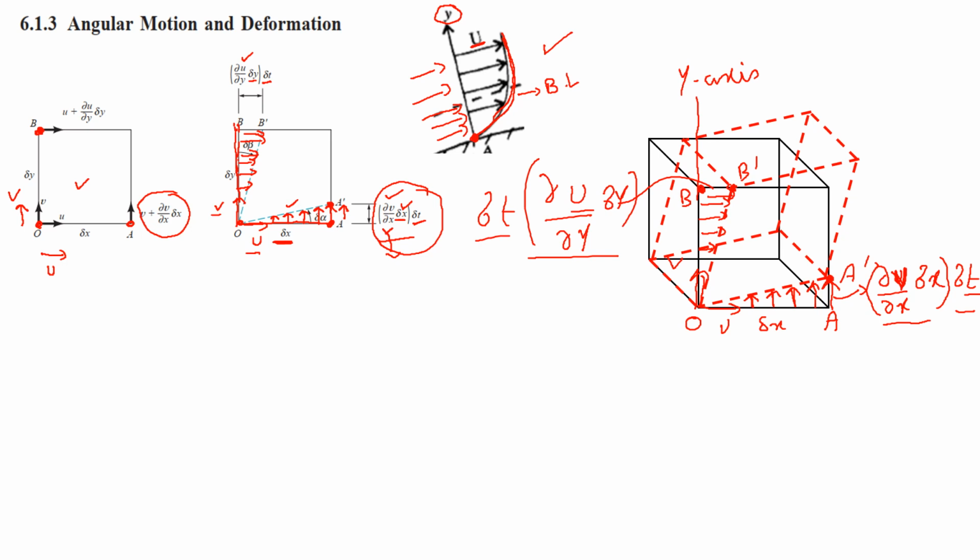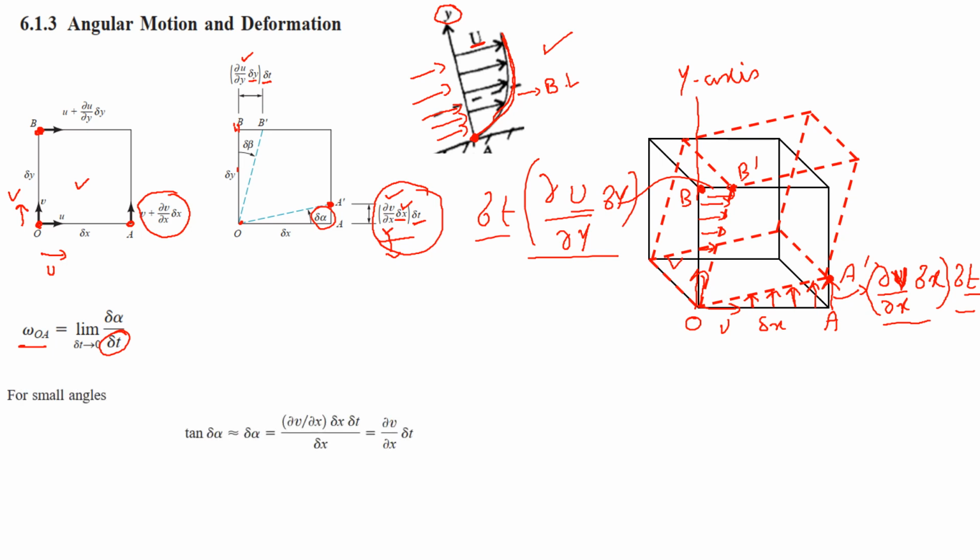Now let's look at some equations. This is the rotation for edge OA, and this rotation is represented as delta alpha over delta t, that is our change in angle, the angle that edge OA dash makes with the edge OA, divided by delta t. So this is the rotation for OA.